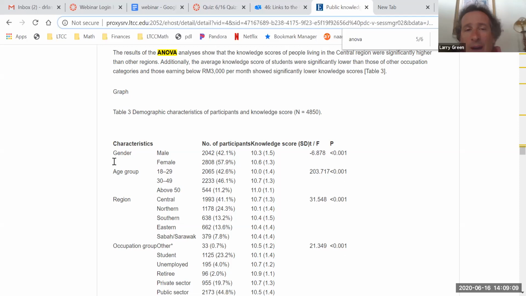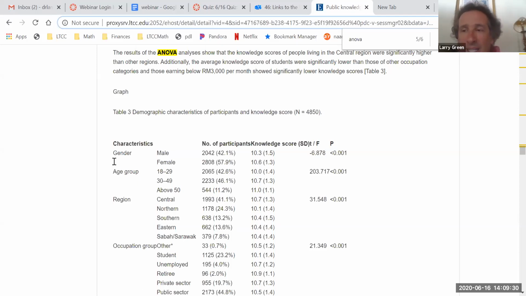Okay, I want to mention one more reason why I went to Lake Tahoe Community College's library's academic search. And that is ANOVA is high level.